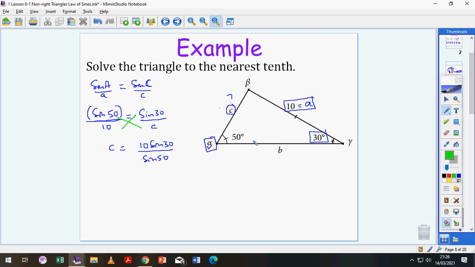Then you divided both sides by sine 50, and you end up with C alone equals 10 sine 30 divided by sine 50. So when you plug all of this into your calculator, I'll pull out my calculator: 10 sine 30 divided by sine 50.